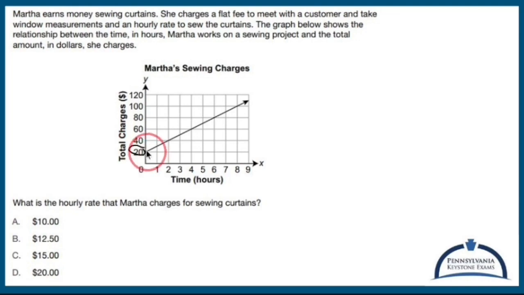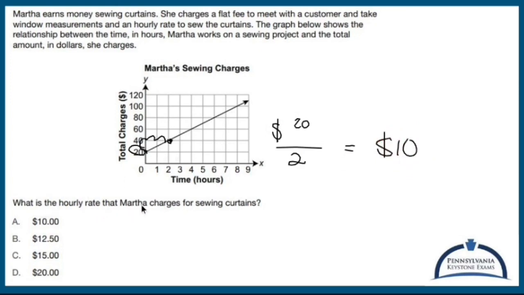And then her hourly rate is going to be, let's find 2 dots that work, that one and that one. So she goes $20 per 2 hours. So her rate's going to be $20 per 2 hours. That ends up being $10 an hour. So she charges $10 an hour, charges $20 no matter what.